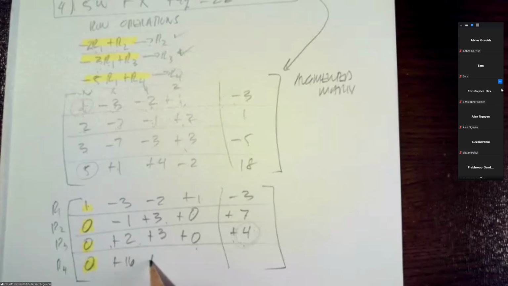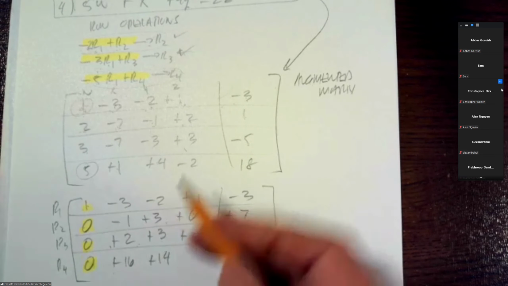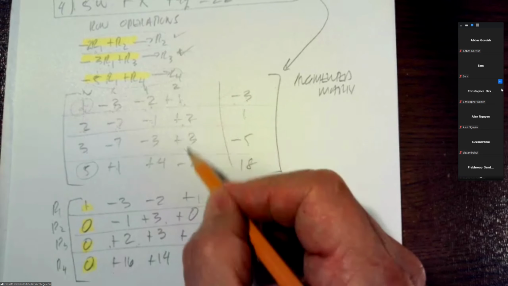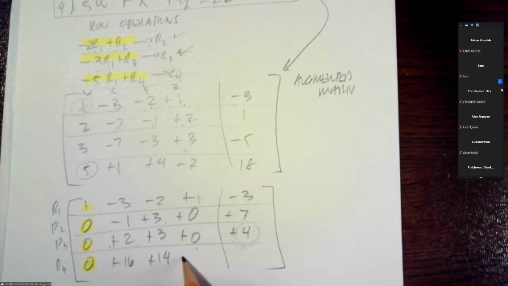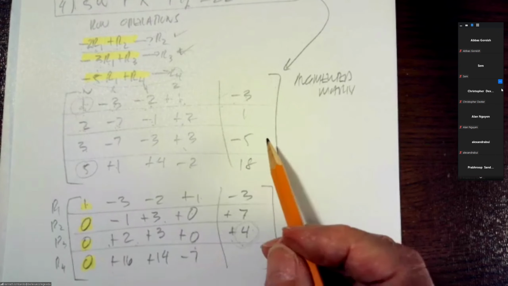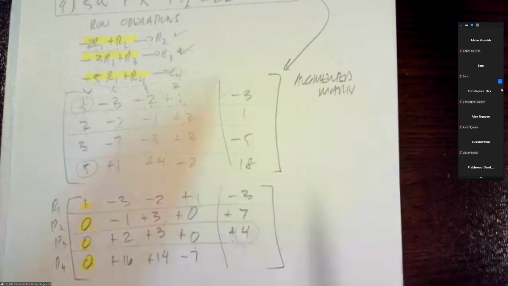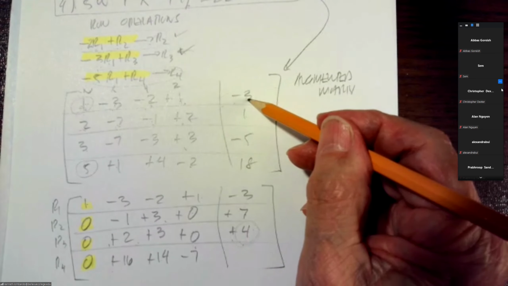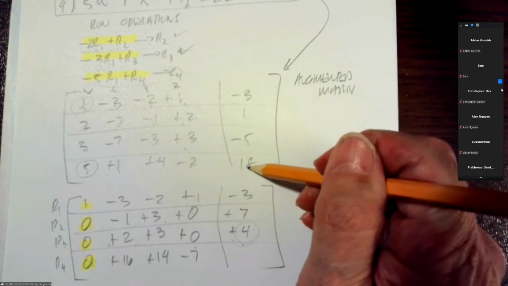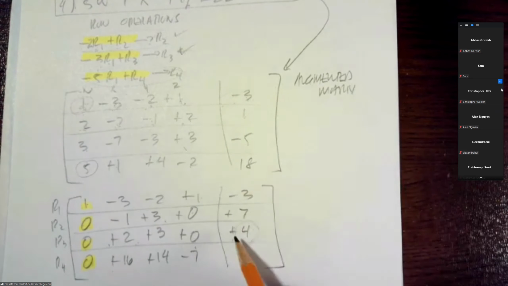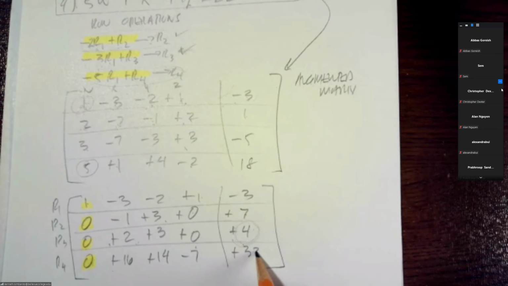And 4, that's 14. -5, -2, -7. And -5 up here, that's positive 15, positive 18, 18 and 15, that's 33, isn't it?